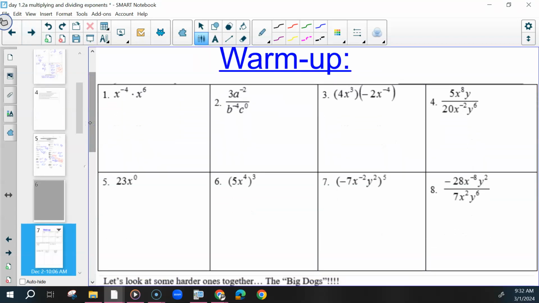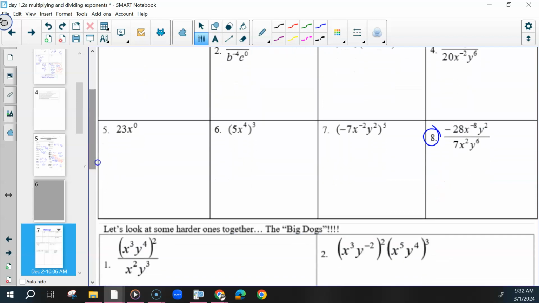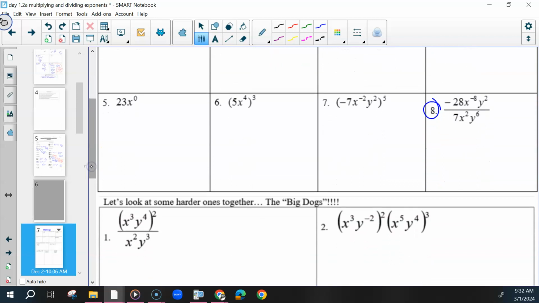Now we're going to look at just 1 through 8 first. Any of those we want to see, do go over, have questions about. We'll start with 8. If we have any others, we will do those. So 8, I'm going to ask, what math operations do you see?